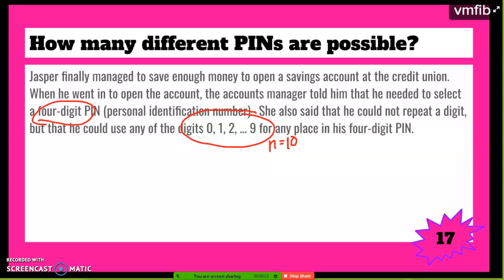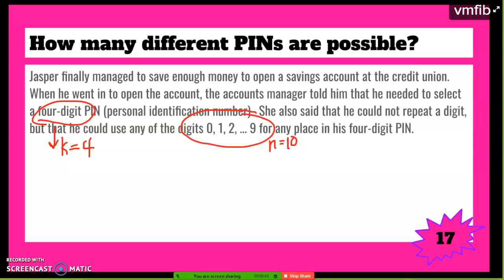But we're still only picking a 4-digit number, which means K is 4, which means we're going to have to do some adjustments for the ones that don't get used, the numbers that don't get used that are left over.